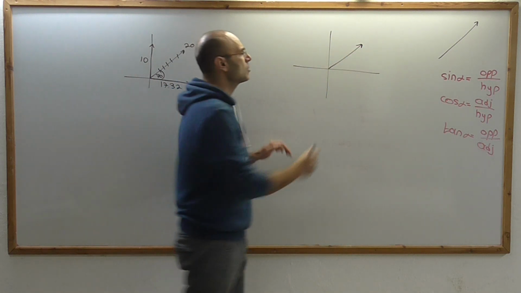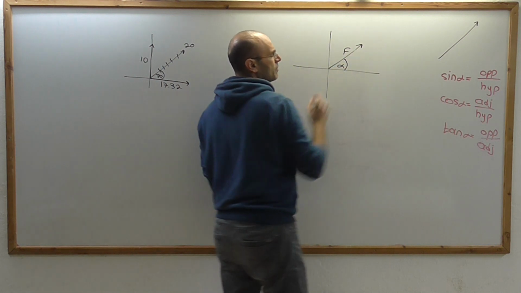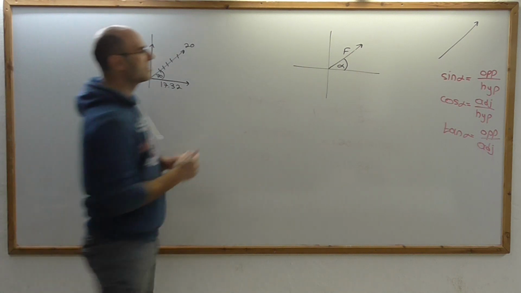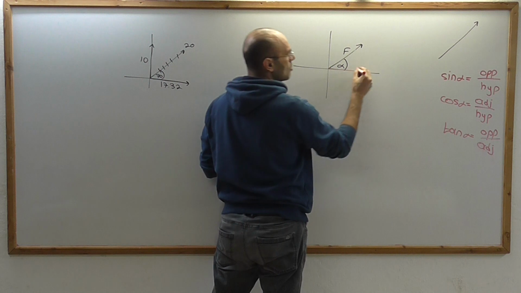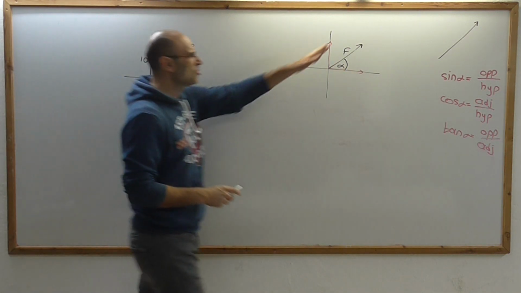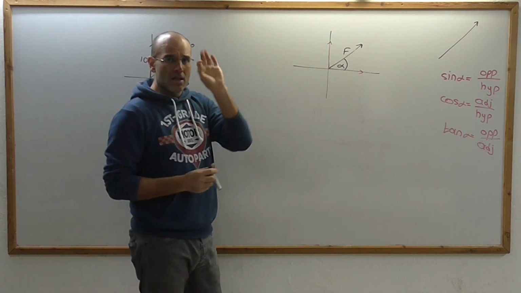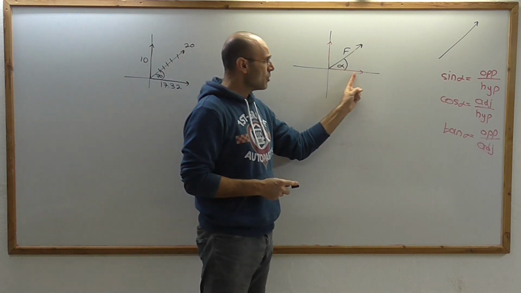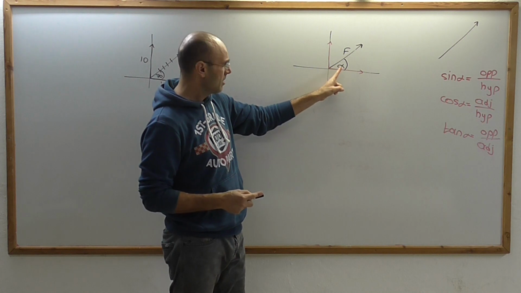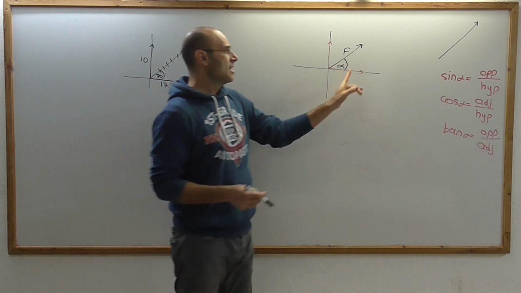Let's say the length is f and the angle is alpha, and I want to break it into its components, the x component and the y component. The trick is not to draw the triangle again, because it takes time. The idea is that the component of the vector next to the angle always gets the cosine.